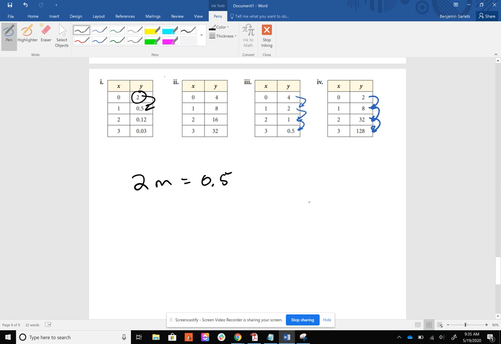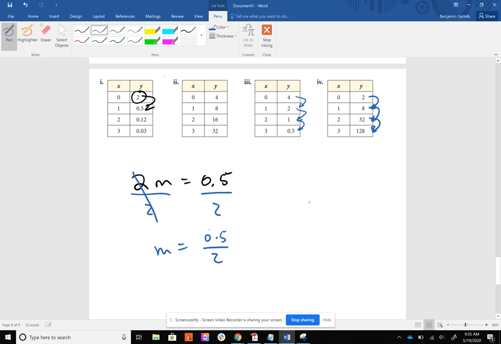So now this is a very simple equation that we did way back in the fall. So to solve this, I want to figure out what the multiplier is. So I need to isolate that. So I'm going to divide both sides by 2. These cancel, and I'm left with m equals, our multiplier equals 0.5 divided by 2.